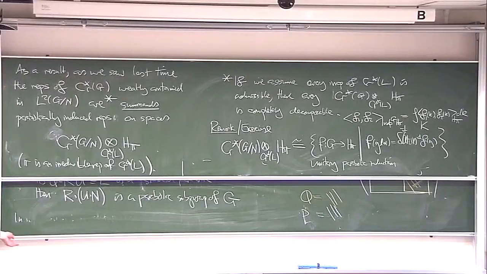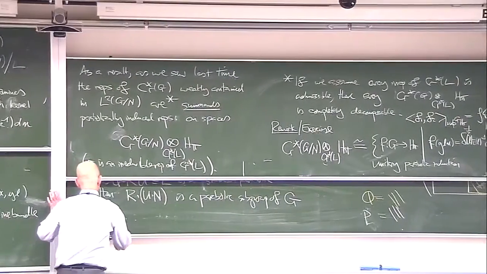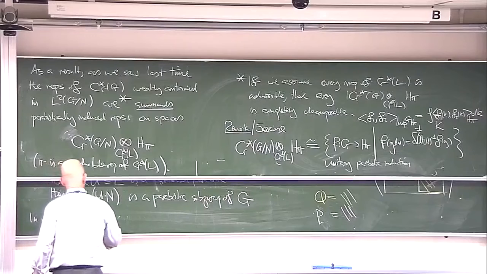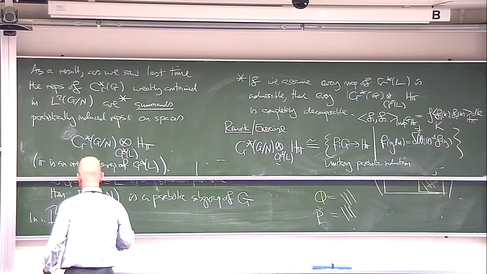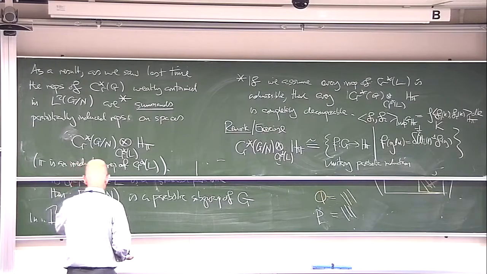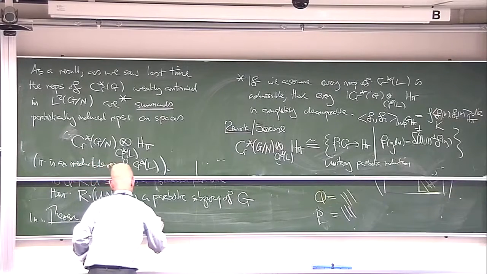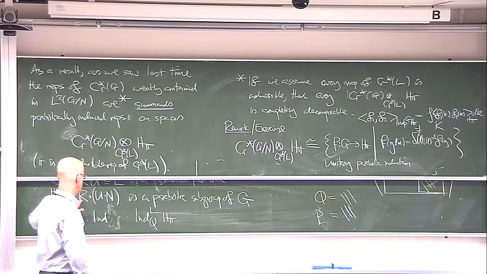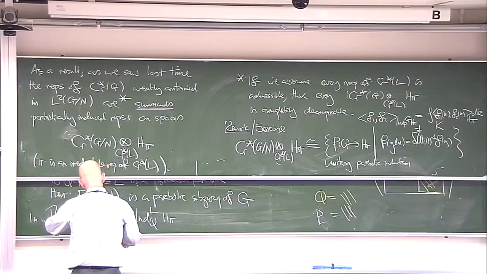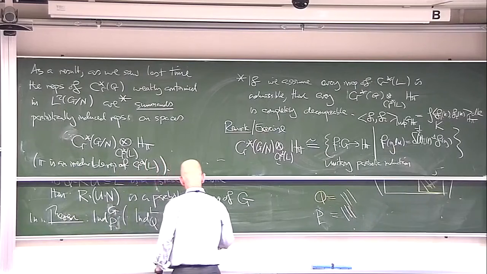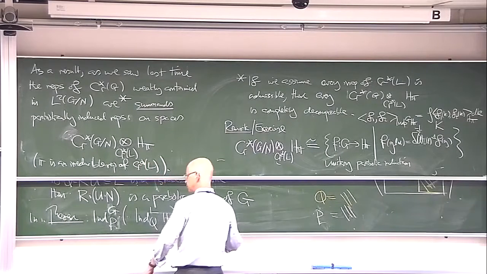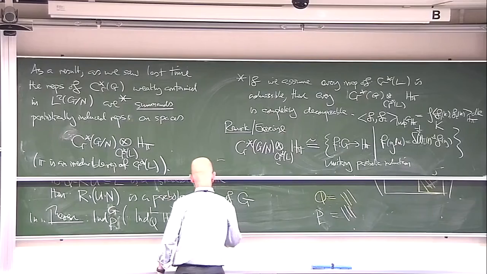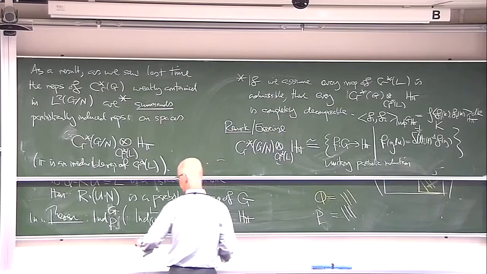And it won't surprise you at all to learn that if you induce from Q to L some representation of R to get a representation of L, and then you induce from P to G, that thing, that's the same thing as inducing all the way from RUN to G, pi, just in one go.